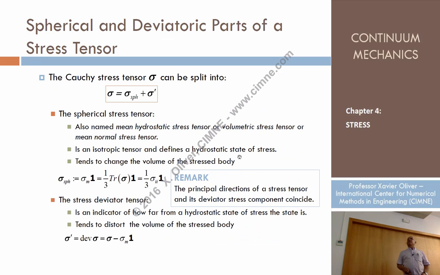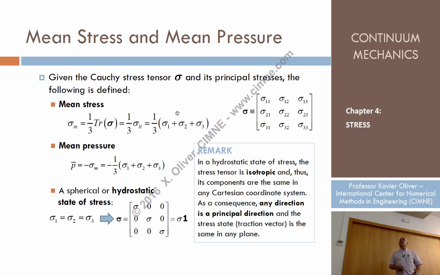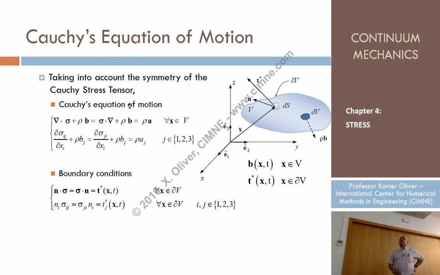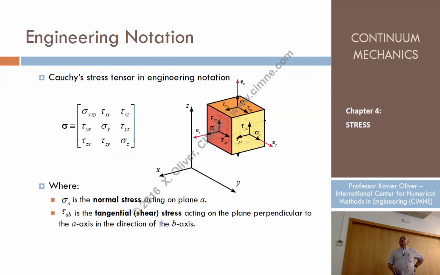Okay, so let me just talk about another concept: the mean stress and the mean pressure. I have the stress state, and the trace of this matrix, you know already, is the sum of the three components at the main diagonal. Sigma 1,1 plus sigma 2,2 plus sigma 3,3, or in engineering notation, sigma x plus sigma y plus sigma z.